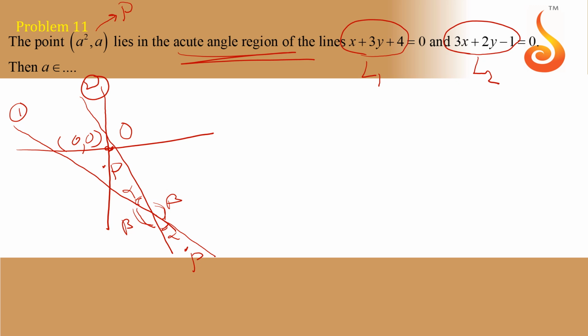So how to use that property? If you recollect, if 2 points are on the same side of a line, then L11 into L22 must have the same sign. If on the same side, same sign; if on opposite sides, opposite sign. So can I say like this: with respect to L1, the origin and that point P, if they are on the same side, will have the same sign, and the product will be greater than 0.